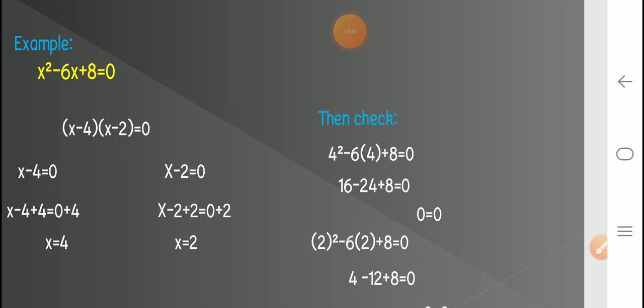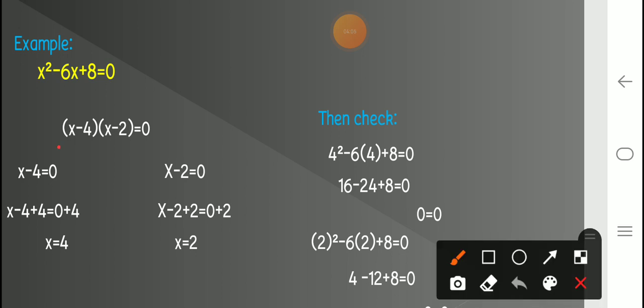So our next step is to apply the zero product property. We're going to find the value of x that makes each factor become 0. So let's take x minus 4 equated to 0.